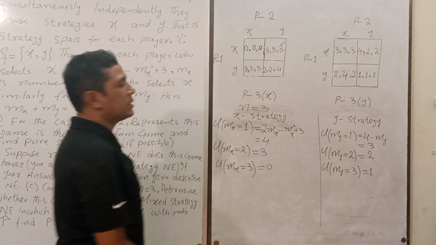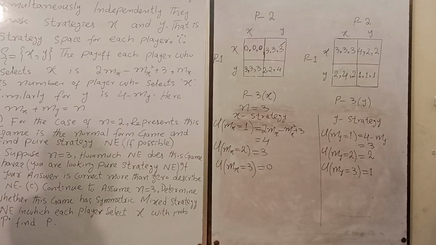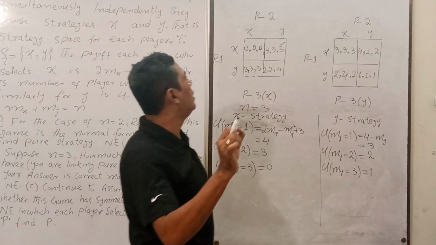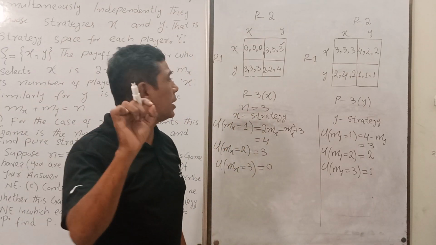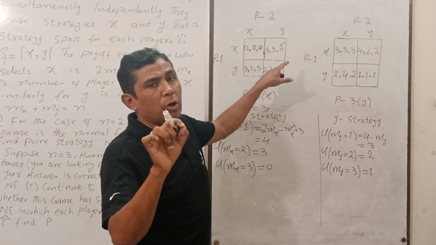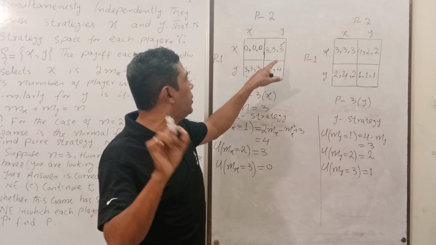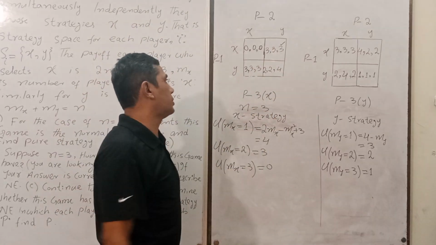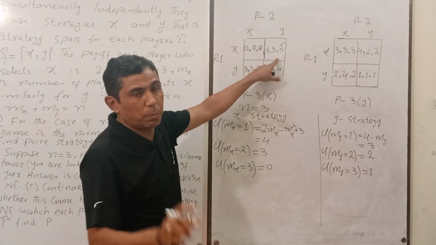I decide to play strategy X. Okay. I am marking or distinguishing the element of payoff which is going to be selected here by a tick for the third player. Meaning I will decide to play this.